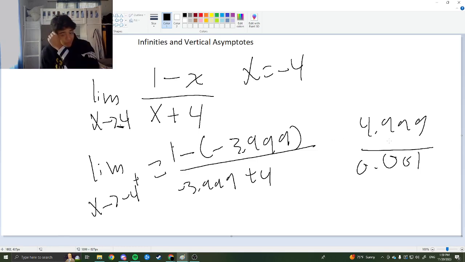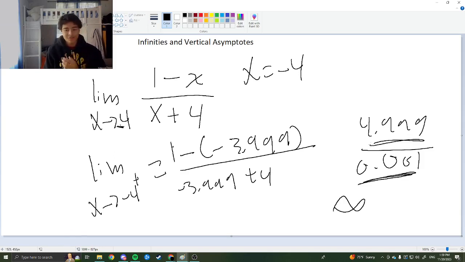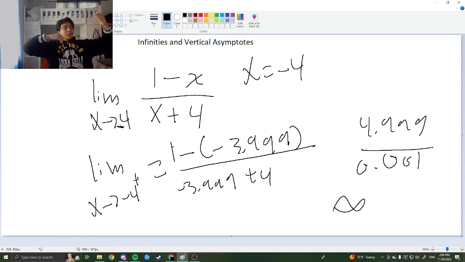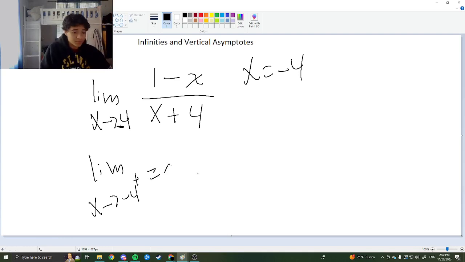And then you have positive 4.999 divided by a number that's really, really close to 0. So you could just say that this is infinity because this number is so small and is divided into this. Since 4.999 is so much bigger than 0.001, you just say it's infinity. Plus, you know it's approaching it anyway because it's an asymptote. So the limit from the right is infinity.